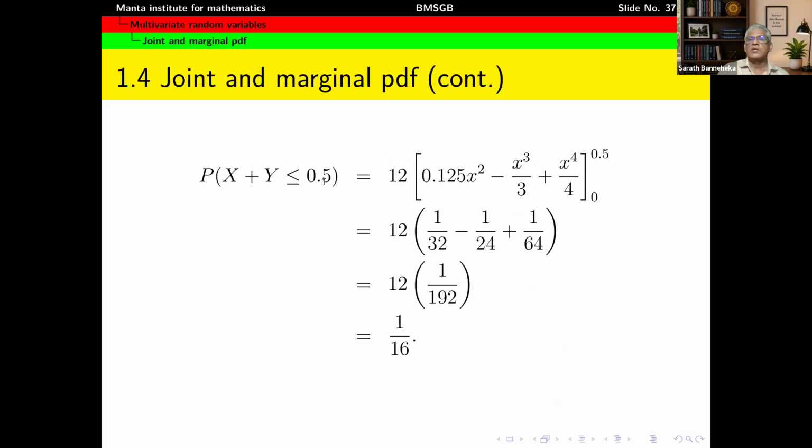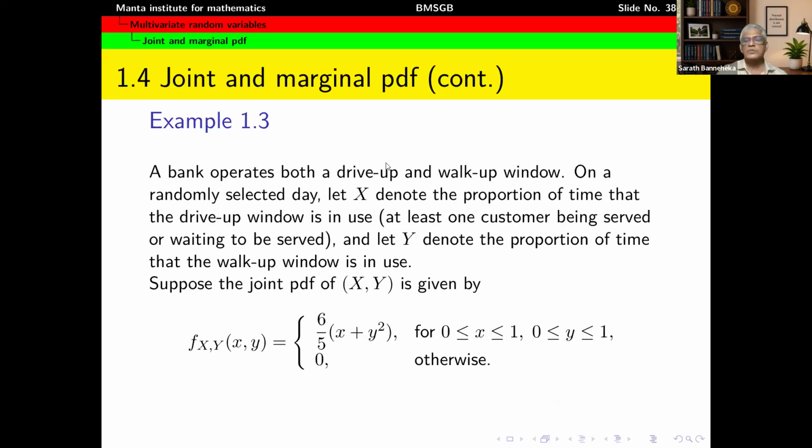That is the same as the point (x, y) being in this particular set A. So I think that explained in great detail how to find the marginal density functions and a probability using the joint probability density function. So we will look at another example now.